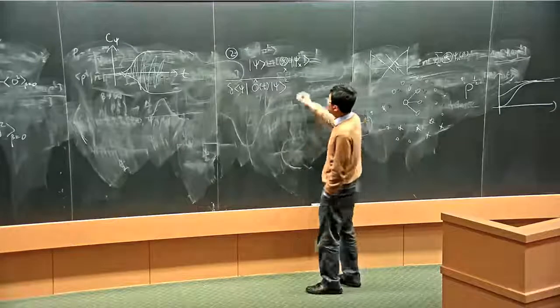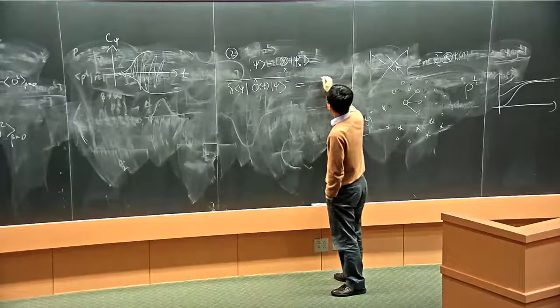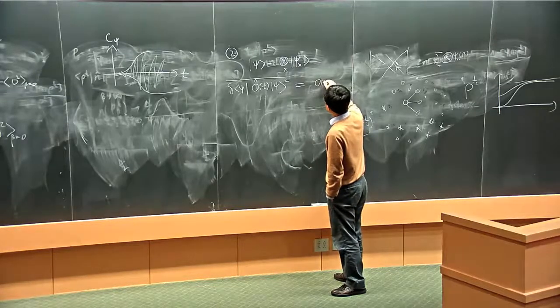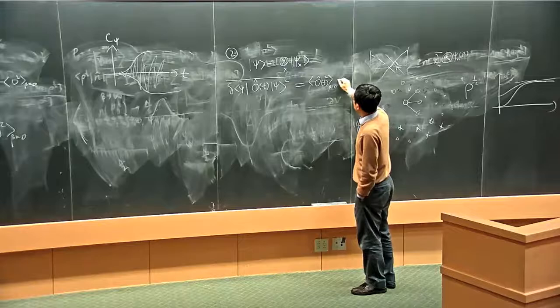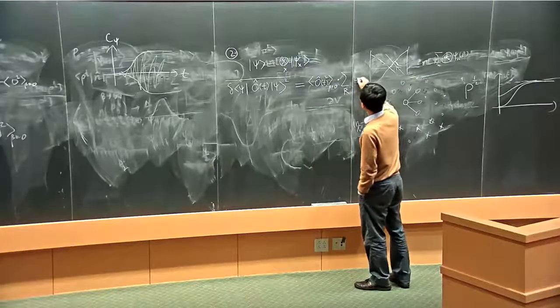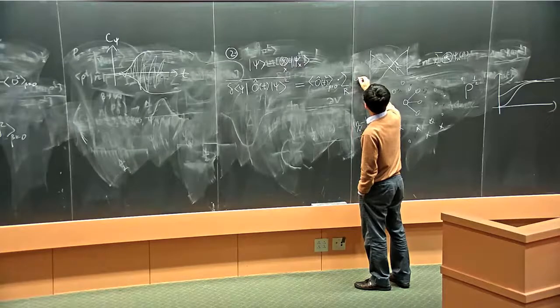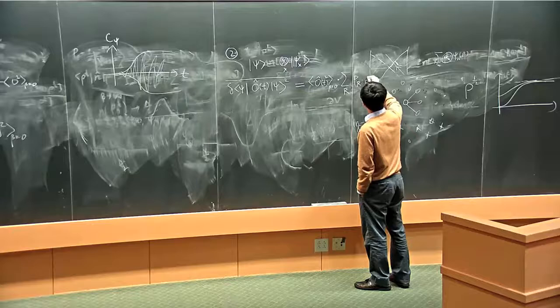And there is a simple expression, which is something like O_t squared. This is just a normalization factor times. I'm going to explain what this means. T plus 1.